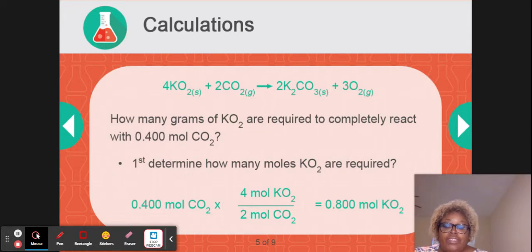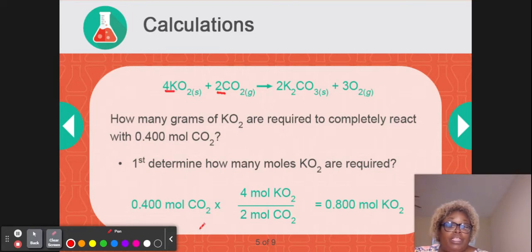They are the coefficients. For KO2, you see it has a coefficient of 4. For CO2, it has a coefficient of 2. Since those are the only 2 substances that we are looking at for this portion of the problem, that's all we have to worry about. We don't have to worry about the rest of the equation.